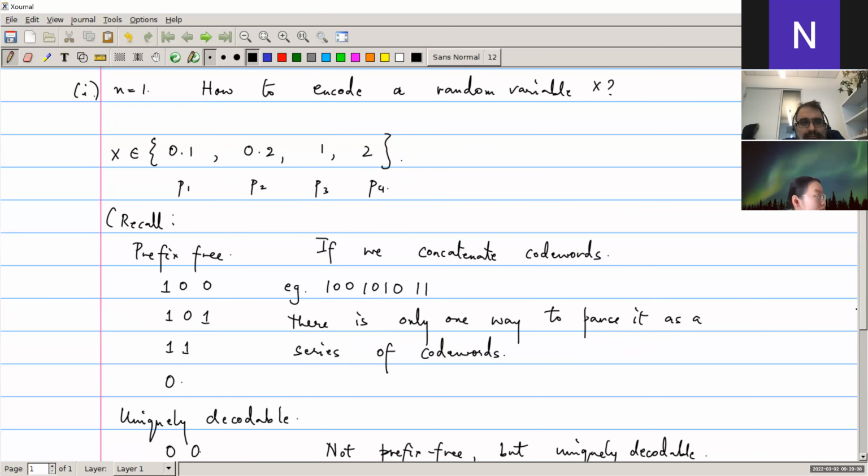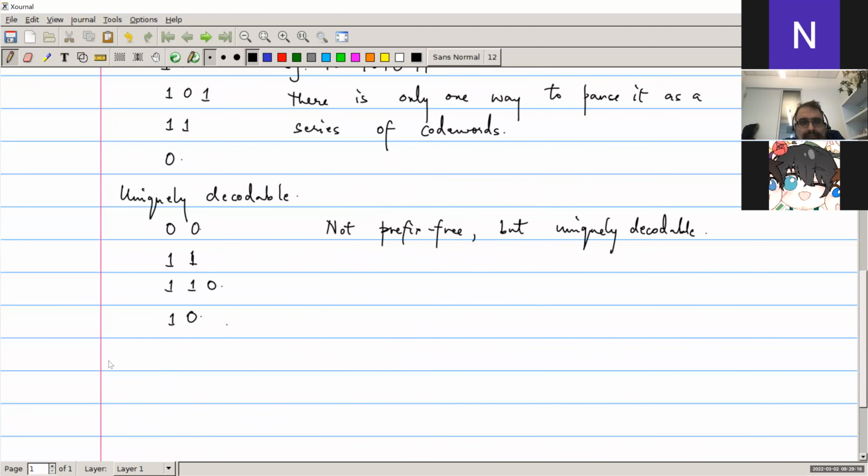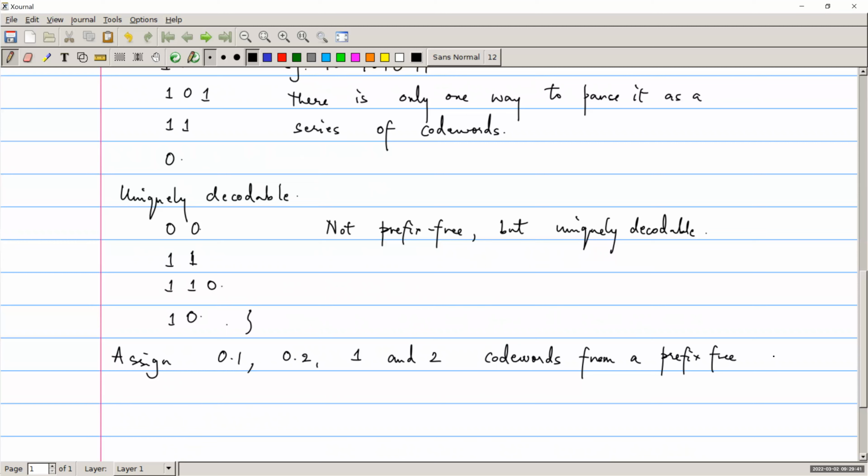And without loss of generality, we are going to assign them codewords from a prefix-free code, and let's say that the codeword lengths are L1, L2, L3, and L4.